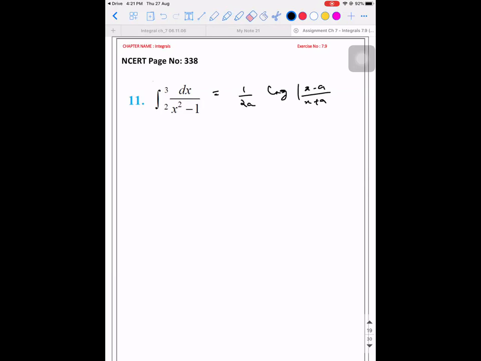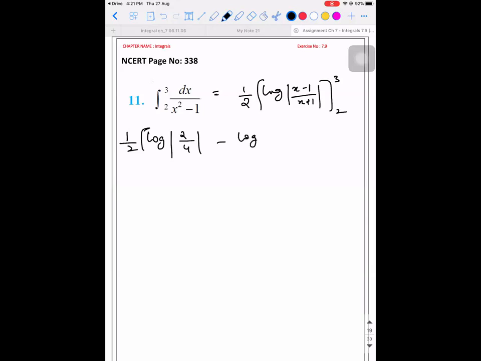So a is how much here? 1. So 1 by 2 into log of 1 divided by 3 minus log of 2 divided by 4.